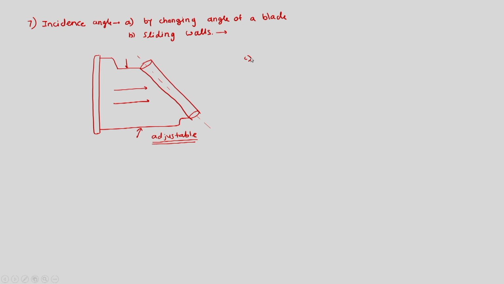Then there is one more option, which is for continuous change in inclination or incidence, continuous change in incidence. Here the cascade is mounted on a pivot which is operated continuously, such that the orientation of the cascade would change with respect to the flow.